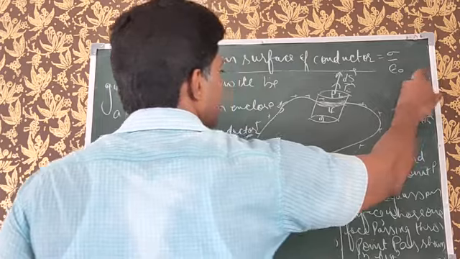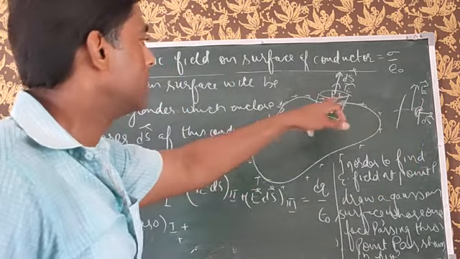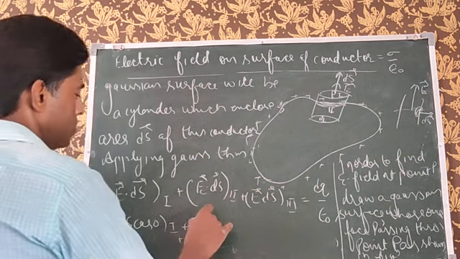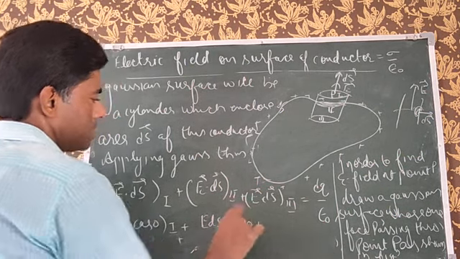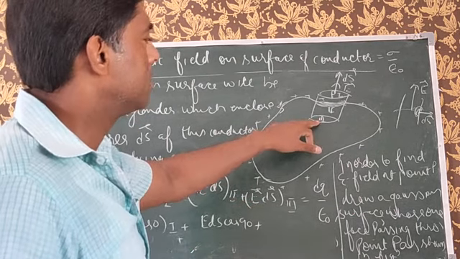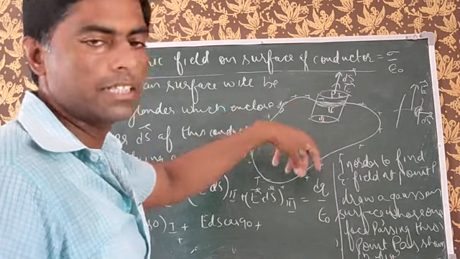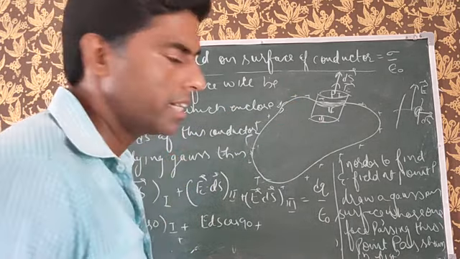So from here we can see the angle between the electric field and the area vector is 90 degrees on surface 2, so we can write E ds cos 90, plus on the third surface, which is inside the conductor, and inside the conductor there is no electric field.